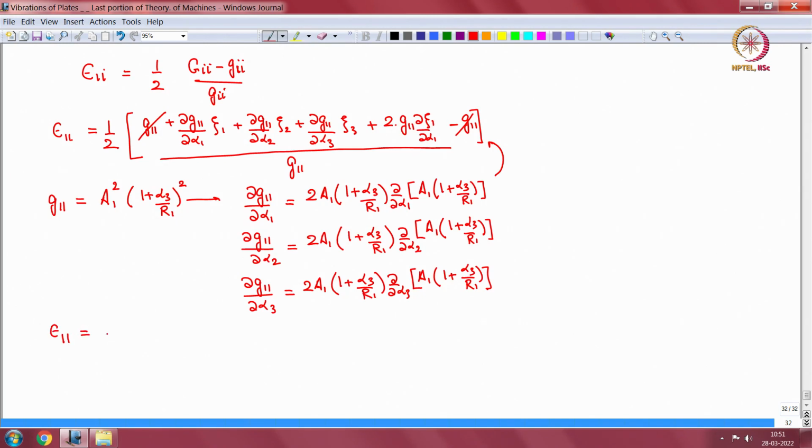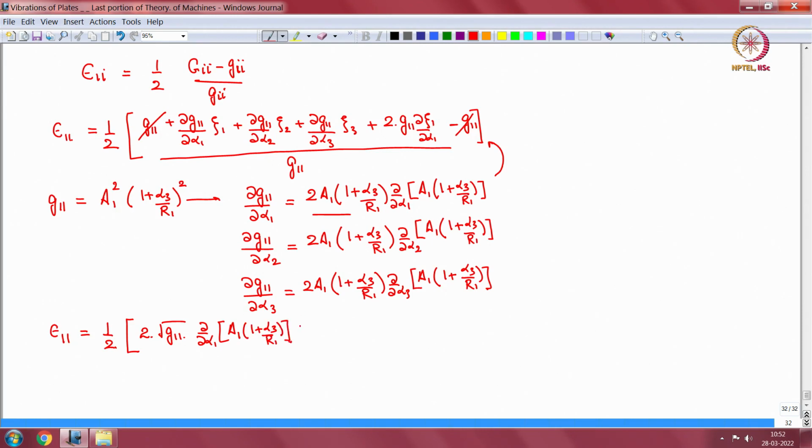is given by 1/2, okay, 1/2, then let's see, twice, okay, root G11, okay, which is this, del alpha 1, del alpha 1, A1 (1 plus alpha 3 by R1).